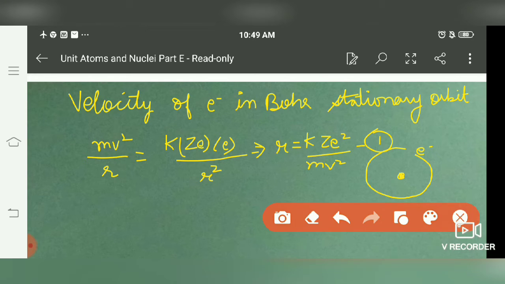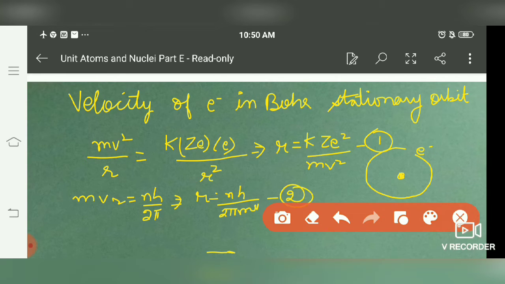And according to the Bohr quantization condition, mvr equals nh upon 2 pi. From here we get r equals nh upon 2 pi mv. Let this be the second equation.